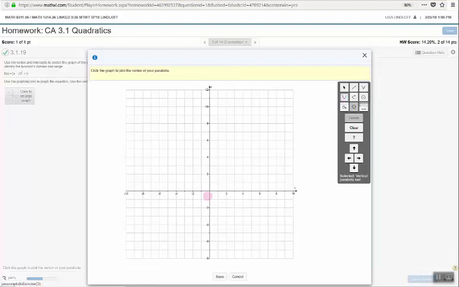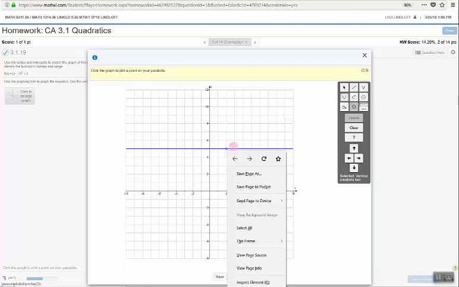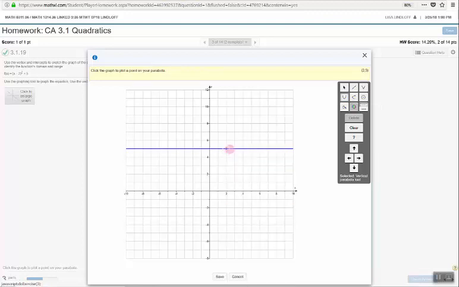The vertex is 2, 5. The vertex is here. Now I'm going to go to 0, 9, which is here. The minute I did that, it did the other branch exactly the same.